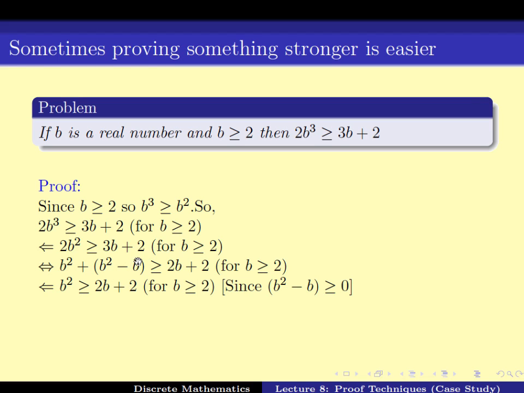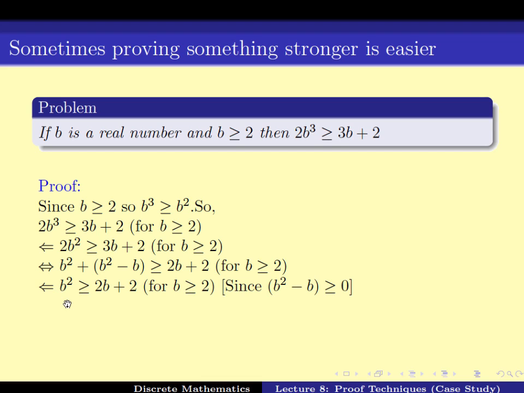In other words, I am saying remove a positive term and still can you prove this statement: b square is greater than or equal to 2b plus 2. Again, note that this line is actually harder to prove than the previous line. But the reason I am doing it is that this line now looks much more tractable.